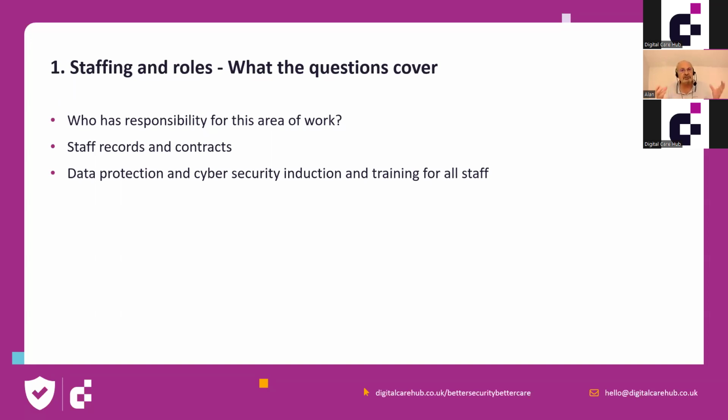That's the person that needs to be entered into this particular question area. In relation to staff records and contracts, it asks, do you know what staff you have? Do you know what they do and what their areas of responsibility are? And have you got something in their contracts about their responsibility for keeping data safe, etc.?